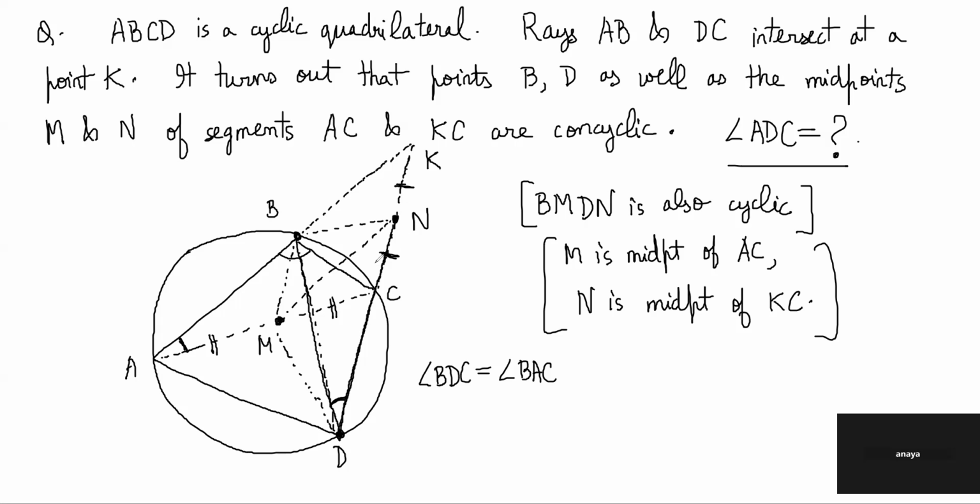What is BDN equal to? In cyclic quadrilateral BMDN, you cannot find what is another angle equal to BDN.